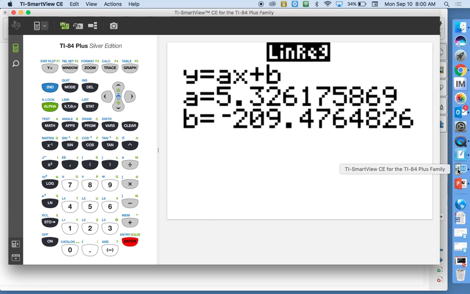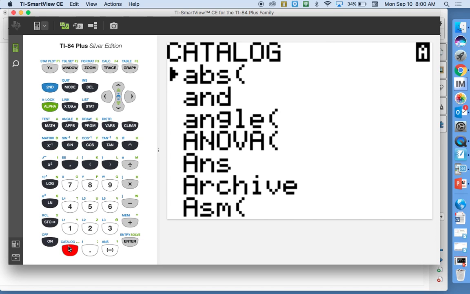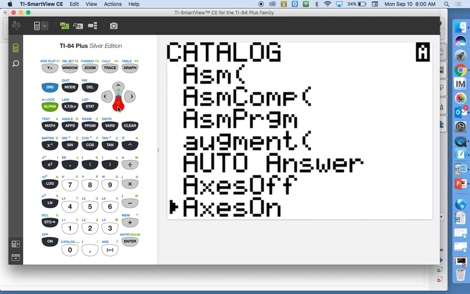We're going to hit the second and then the number 0. It says catalog. There's actually a catalog in your calculator, or an index that tells you everything that's in the calculator, every single function that's in there. We need to go down to the words diagnostic on. So you need to go down to D. So you're just going to arrow down.